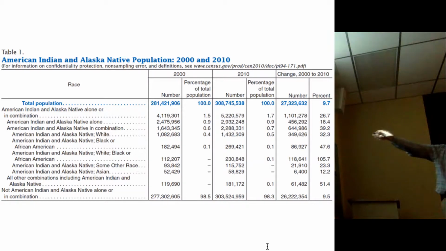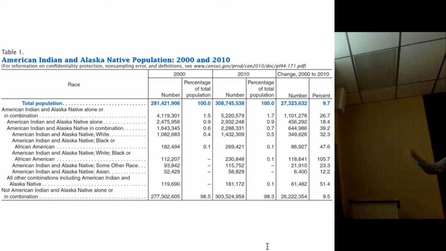So let's look at this top number right here: about 4 million people in 2000, about 5.2 million in 2010. Population growth rate 1.5, 1.7. That's a little higher than the general population in terms of natural increase.